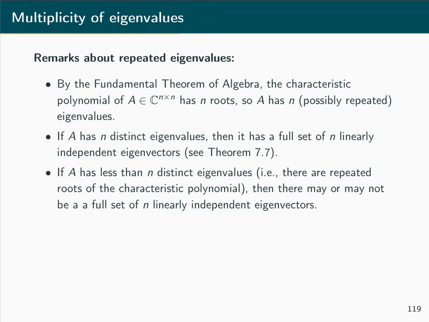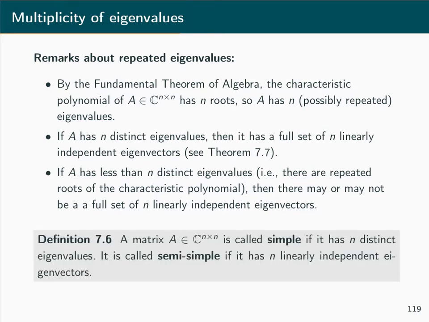This fact is stated in theorem 7.7 that we will look at in just a minute. If A has less than n distinct eigenvalues, meaning that there are some repeated roots of the characteristic polynomial, then there may be or there may not be a full set of n linearly independent eigenvectors of A.